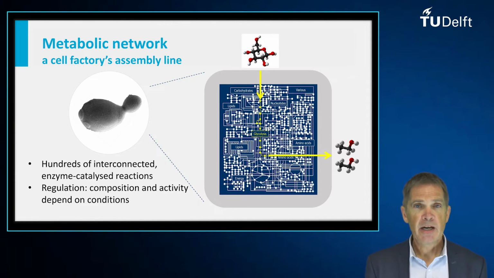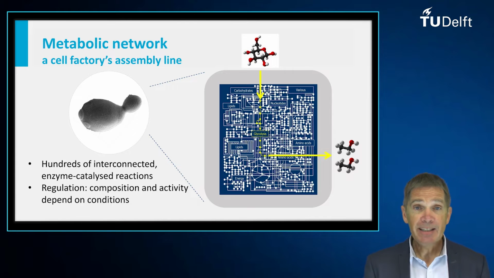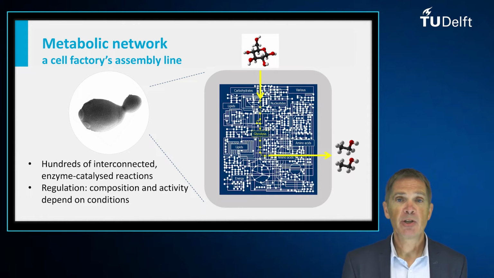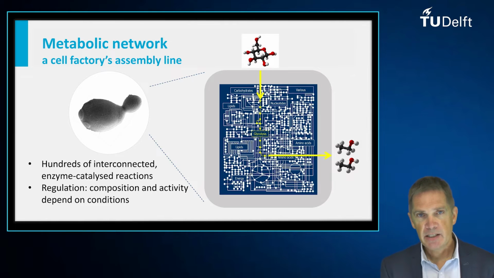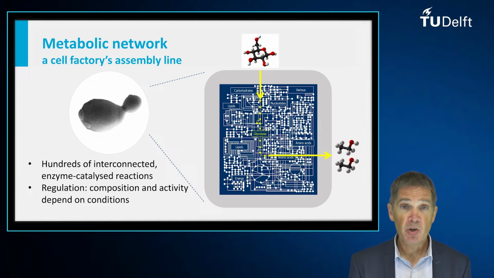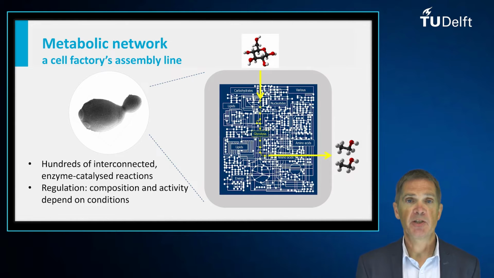In yellow, this diagram shows how conversion of glucose into ethanol, currently the largest volume product of industrial biotechnology, is integrated into the metabolic network of a yeast cell. The composition and activity of metabolic networks is not constant, but regulated by the microorganisms in response to external conditions.